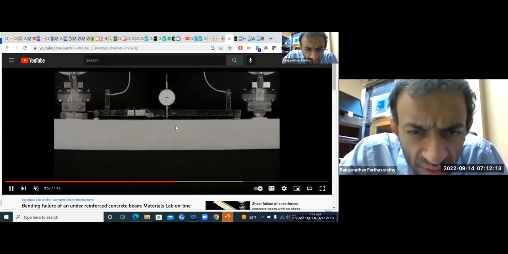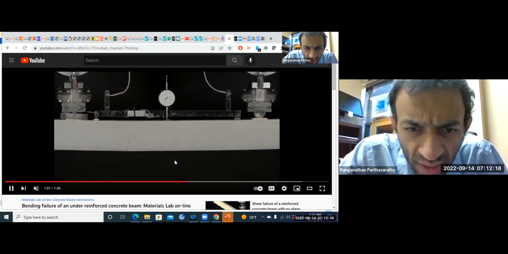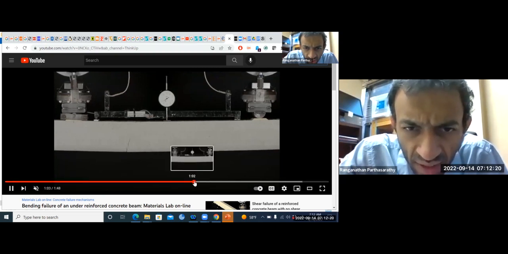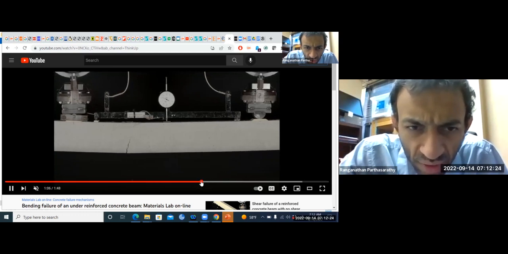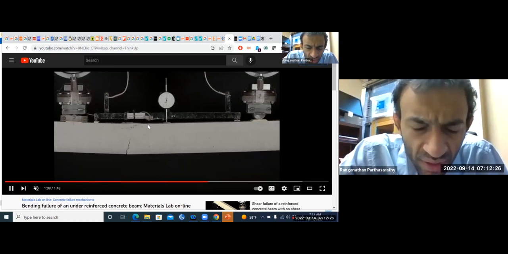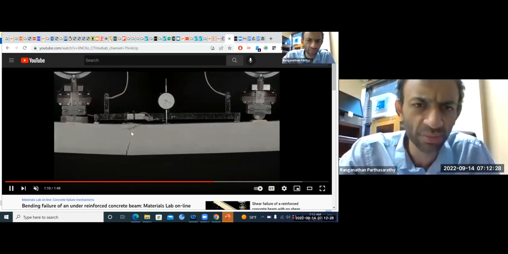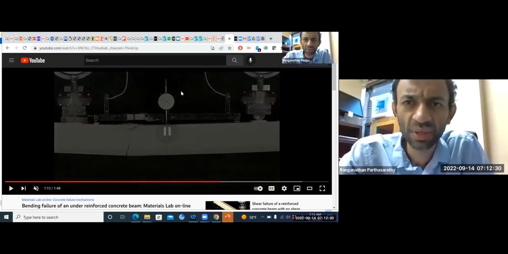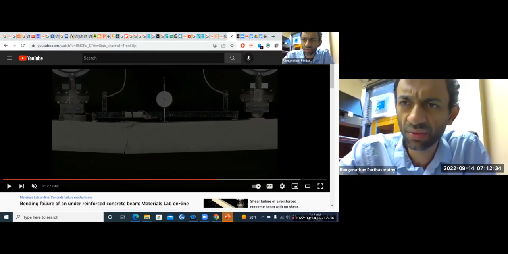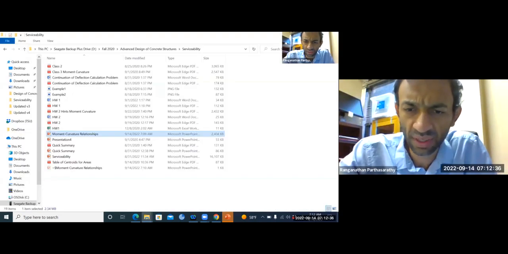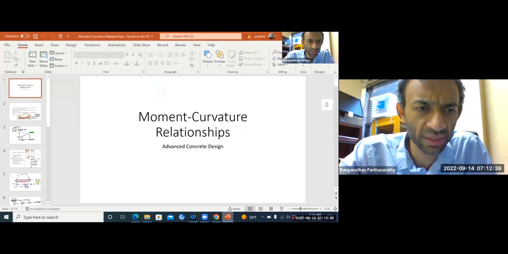When the concrete starts crushing, you start getting cracking in the steel, and as you keep going, you see very slowly the concrete starts getting crushed in compression. You remember the last one, it just went boom like that. So we don't want that kind of brittle failure. We are looking for a ductile failure.